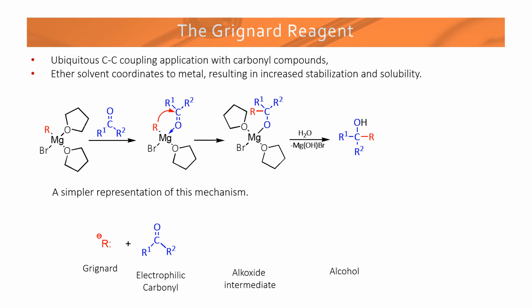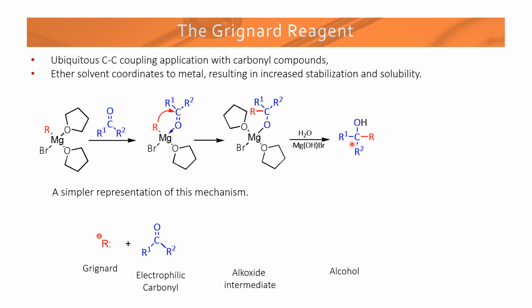The Lewis acidity of the magnesium center is responsible for the reactivity, coordinating with the substrate via the oxygen, increasing the bond polarity in the carbonyl and facilitating the transfer of the carbanion fragment to the carbon center of the carbonyl, realizing this species which we then quench.